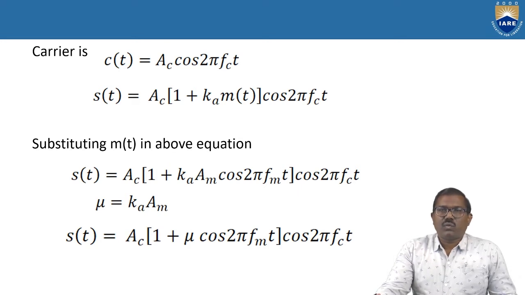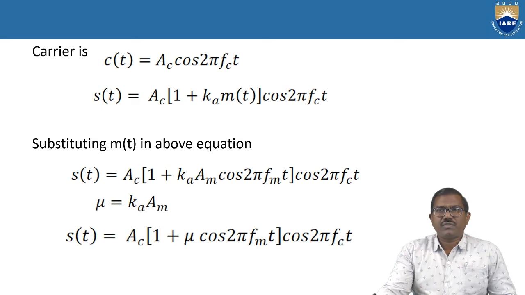Here we are using amplitude modulation, so s of t is the amplitude modulated signal, which is equal to Ac of 1 plus ka m of t cos 2 pi fct, where Ac is the amplitude of the carrier, ka is the sensitivity, m of t is the message signal, and fc is the carrier frequency.